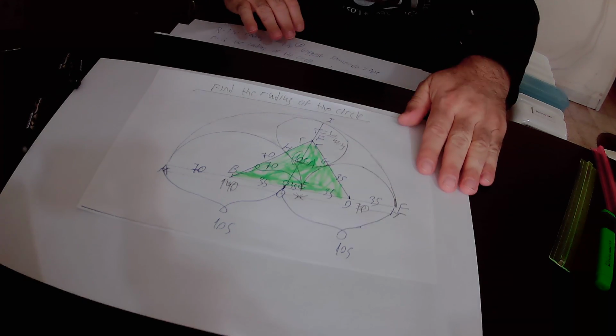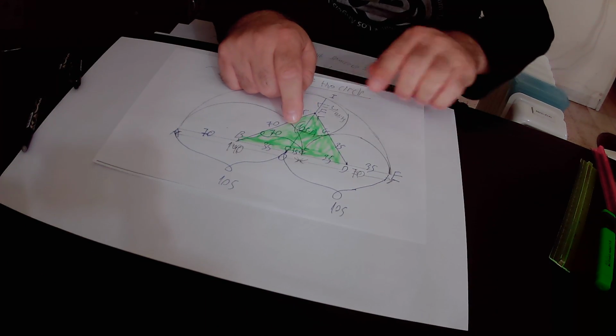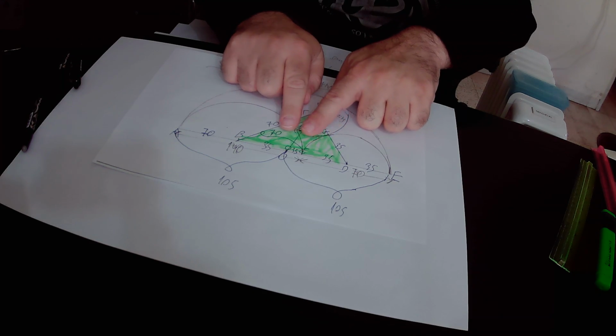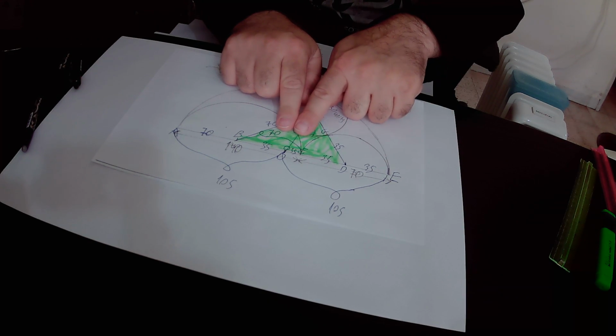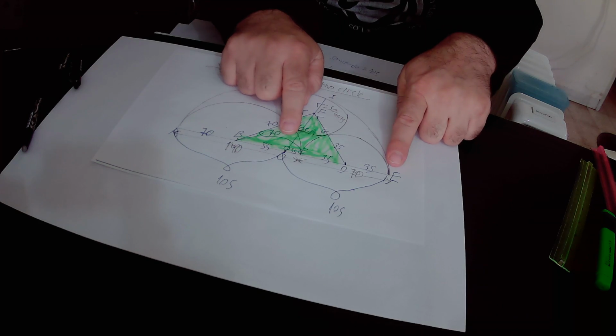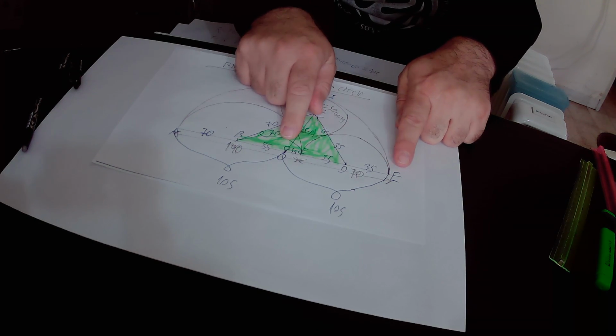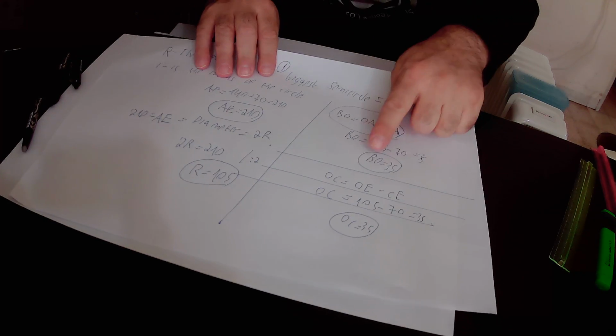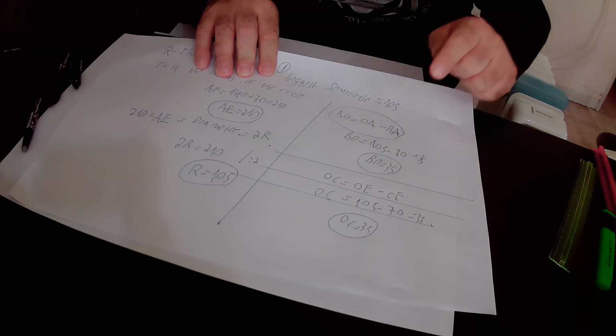In the next step, we calculated the length of this line segment OC. From the drawing, it is very easy to see that OC equals OE minus CE. Repeat again: OC equals OE minus CE.